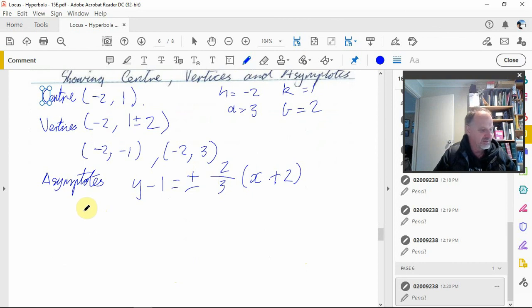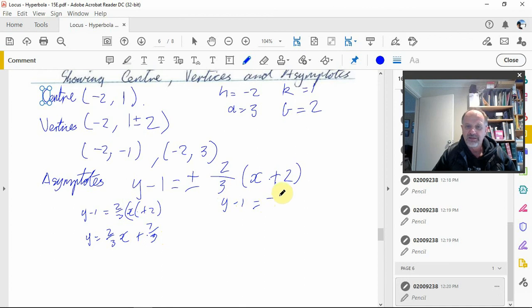So one of them is y minus 1 equaling 2/3 x plus 2, and that becomes 2/3 x plus 7/3, and the other one is y minus 1 equals -2/3 x plus 2, and when you rearrange that one, you get -2/3 x minus 1/3.